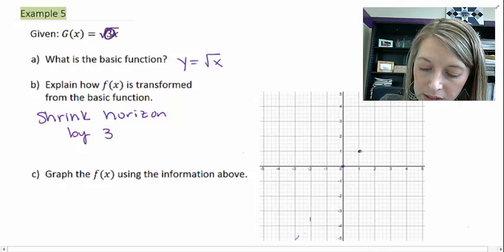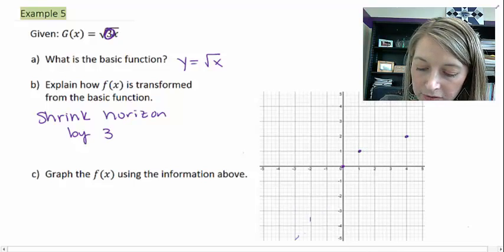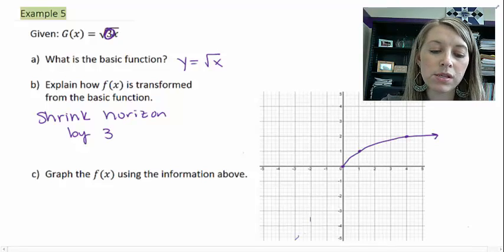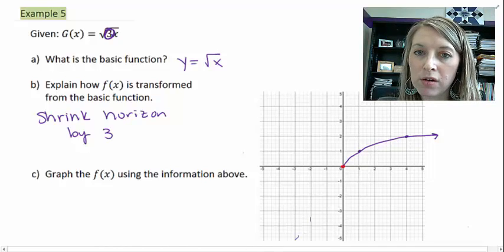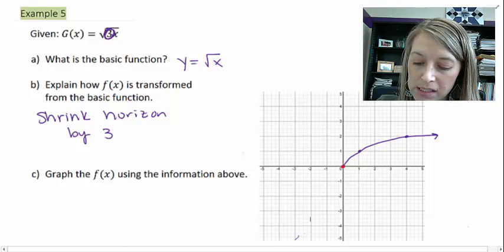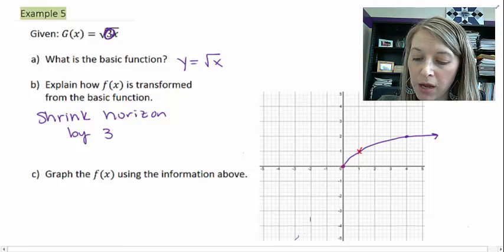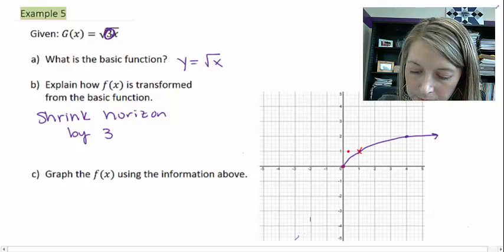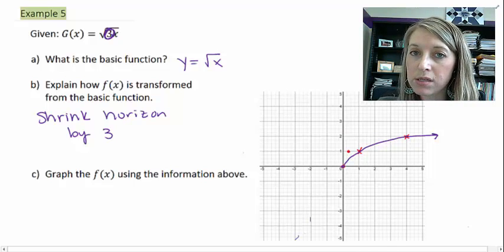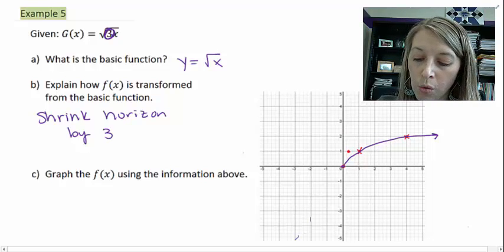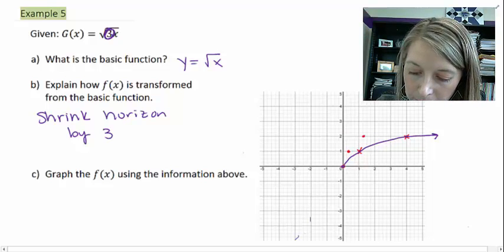So key points to my same basic graph. And now I'm going to take my x values and I'm going to divide them by 3. So my x value of 0 stays 0. My x value of 1 divided by 3 becomes 1/3. My x value of 4 divided by 3 is 4/3, or 1 1/3.